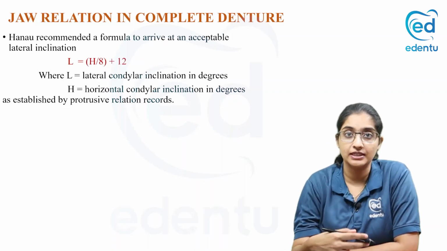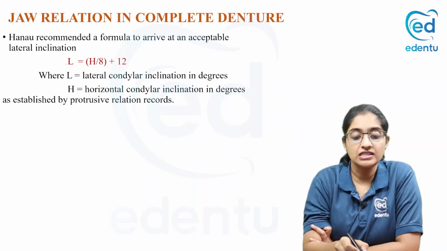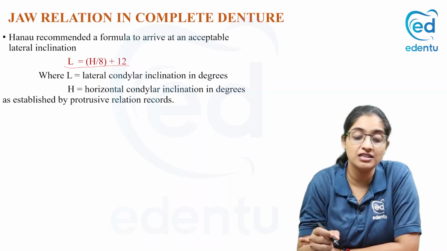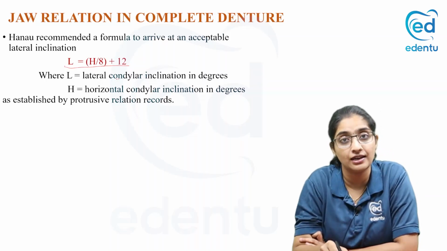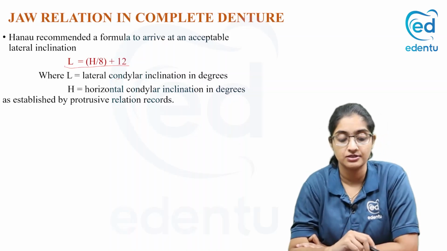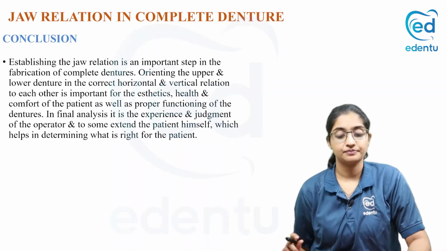The formula to determine while programming your articulator is given by Hanau. This is Hanau's formula: L = H/8 + 12, where L is your lateral condylar guidance and H is your horizontal condylar inclination in degrees as established by the protrusive relation records.